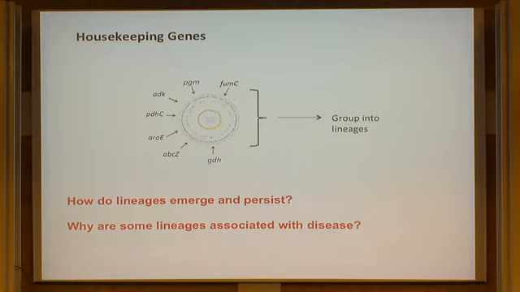So the variation here is not neutral in these genes; they have some role, and they're co-adapted to essentially define some form of metabolic type.